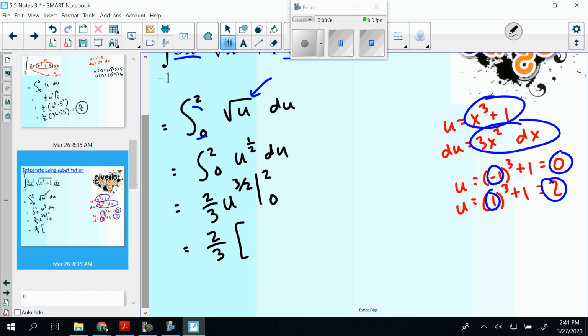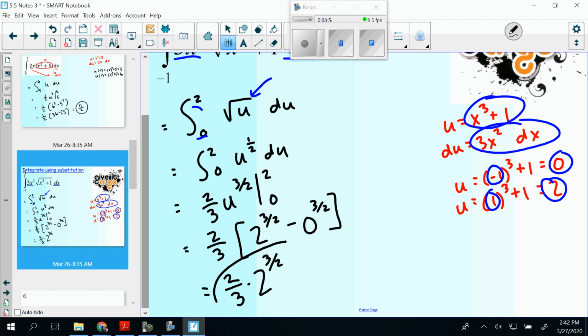So now we got 2/3 times 2 to the 3/2 power minus 0 to the 3/2 power. 0 to any power is just 0. 2 to the 3/2 power, I don't think necessarily comes out to be a nice number. So you could either leave it as 2/3 times 2 to the 3/2 power.